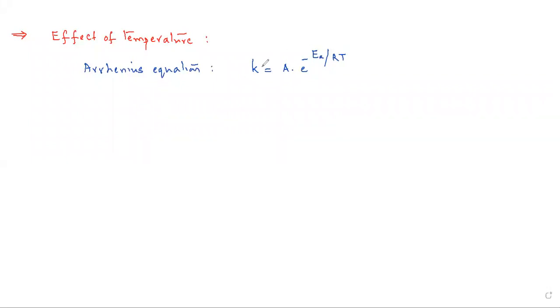Okay, where of course this k is rate constant or specific rate, then A is Arrhenius factor, collision factor, pre-exponential factor.